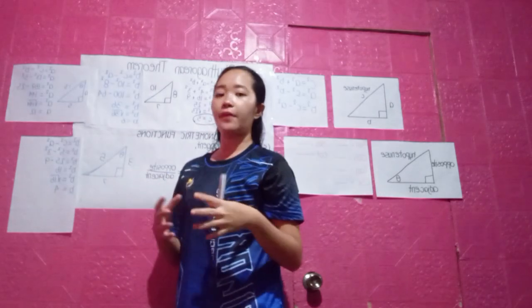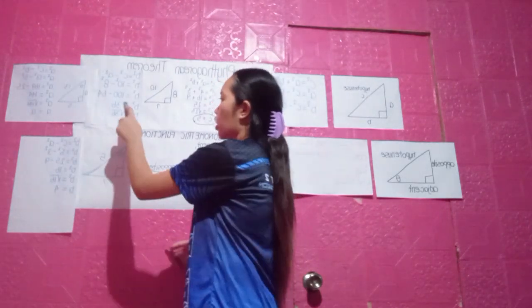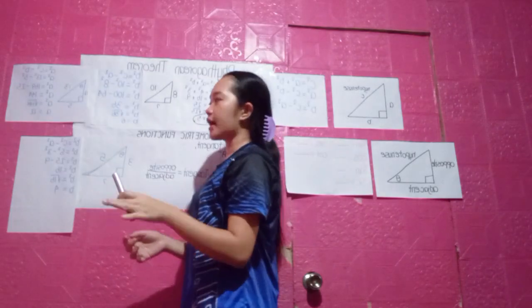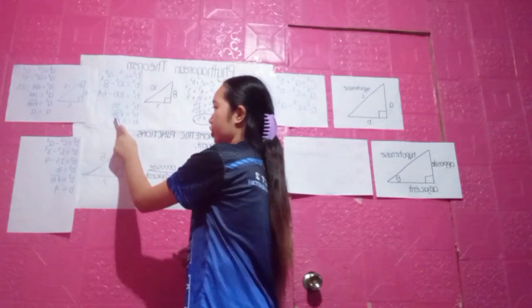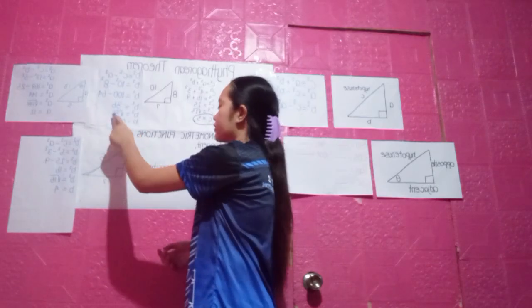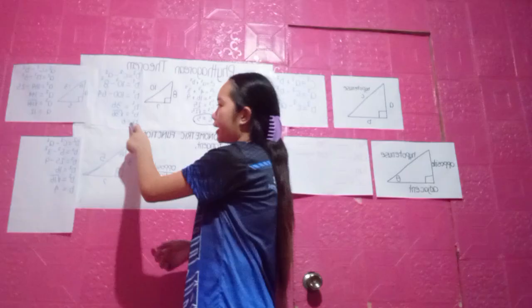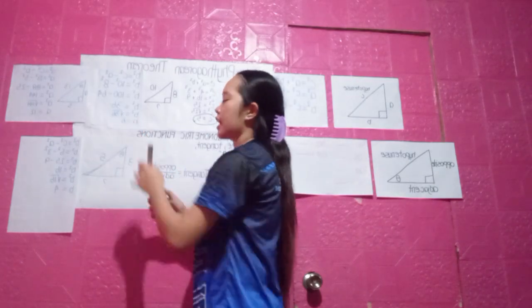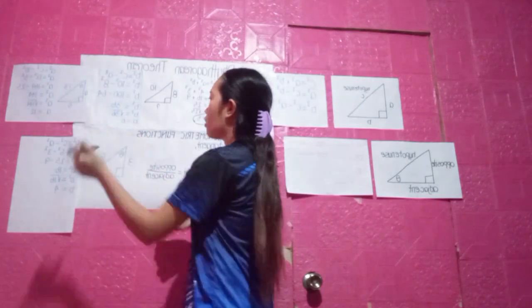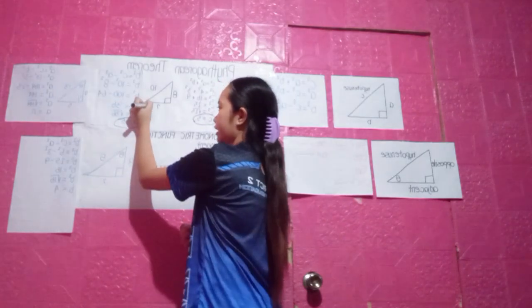So, we need b alone for the final answer. So, we need to take the square root of 36. So, b is equal to 6. And that's why our missing side is 6. So, the answer here is 6.